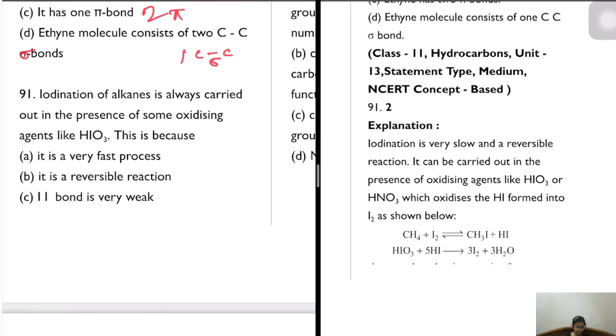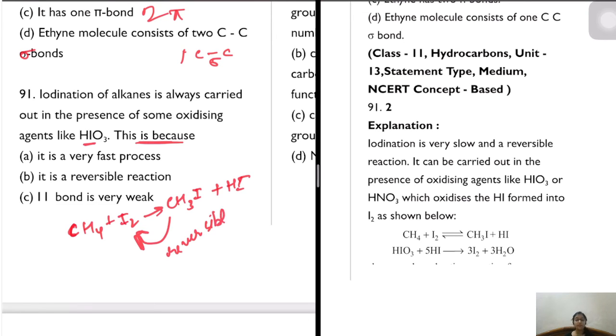Iodination of alkanes is always carried out in the presence of some oxidizing agent like HIO3. Why? See, this is what happens here. For example, if I have CH4, then it will give CH3I plus HI. But what happens? This goes back, it is reversible in nature.